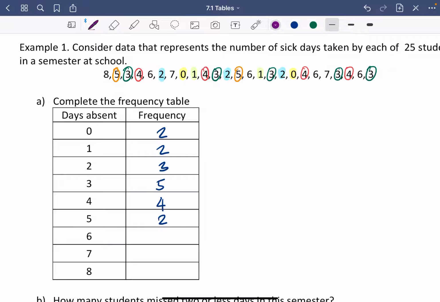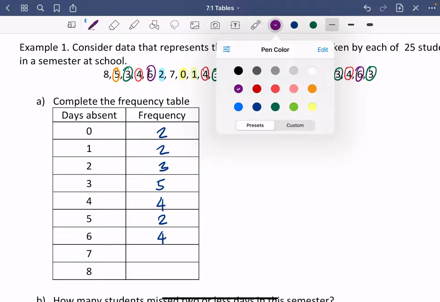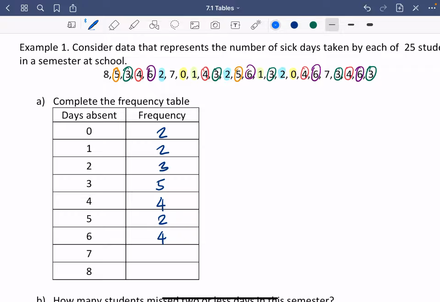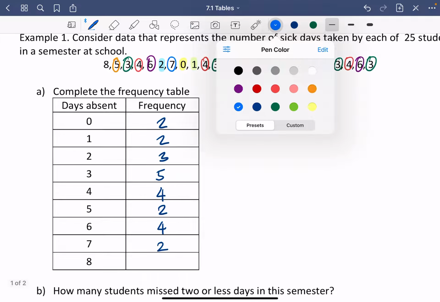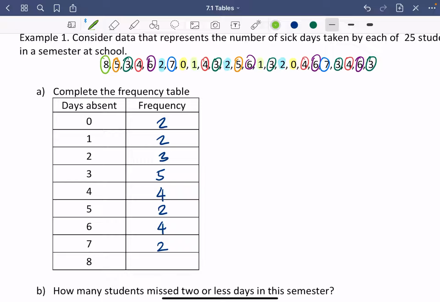And 6, 1, 2, 3, 4, 4 students. And 7, 1, 2, 2 students. And last one is 8, 1. Okay, 1 student.